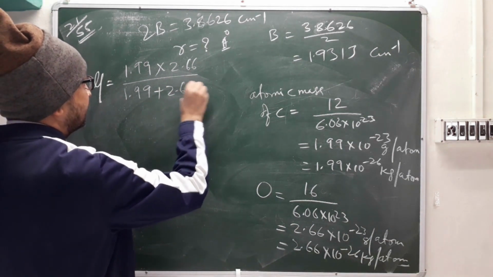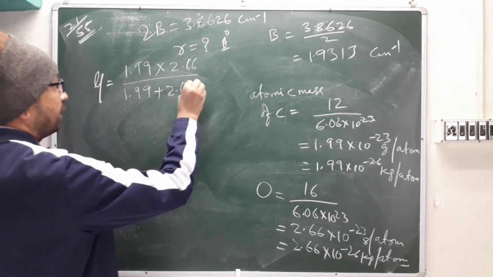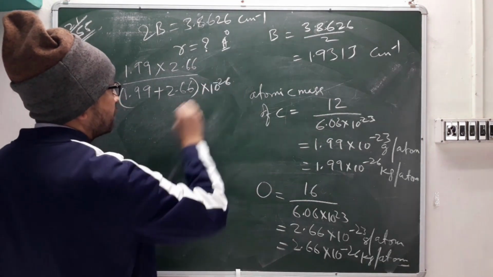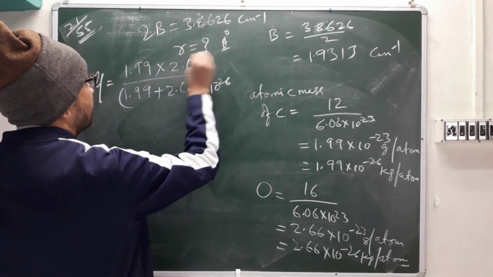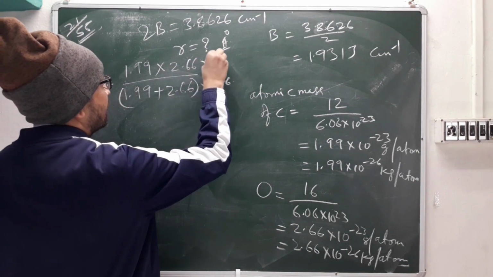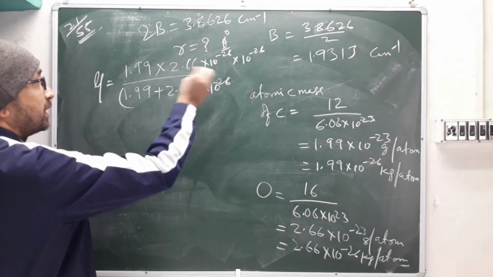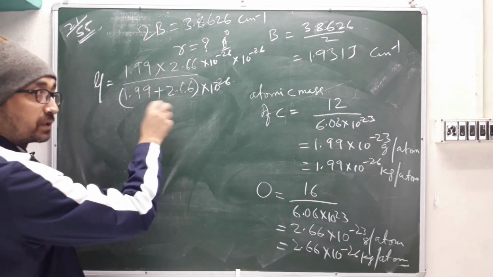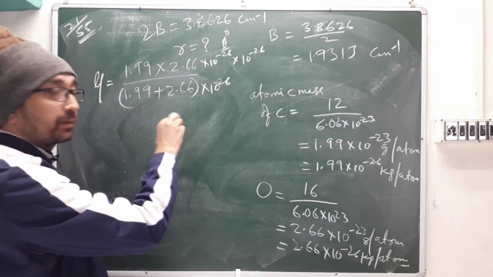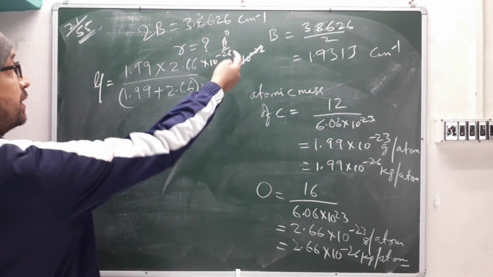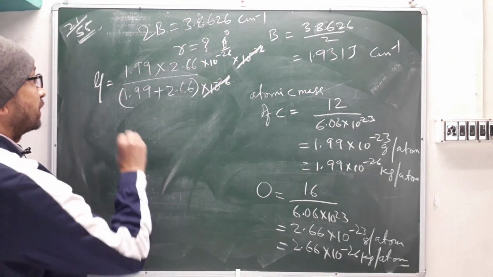Down, commonly we will take 10 to the power minus 26, and on top it will be 10 to the power minus 26 into 10 to the power minus 26, because it is multiplying, right? But down it is just adding up, so one 10 to the power minus 26 cancels out with the one on the upper side.